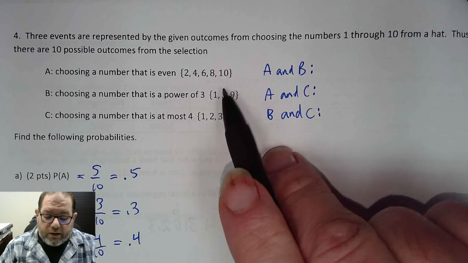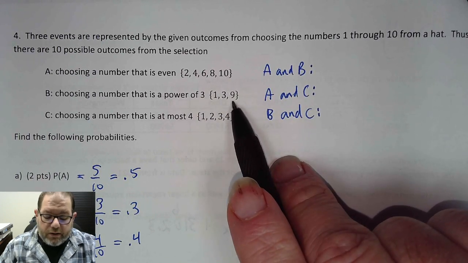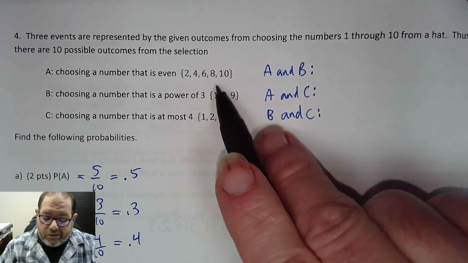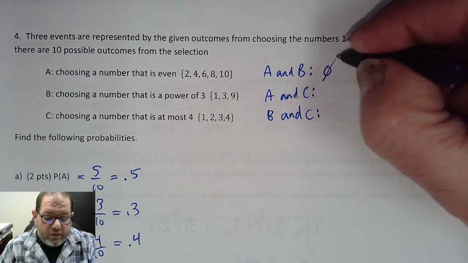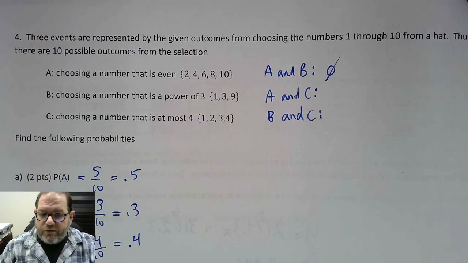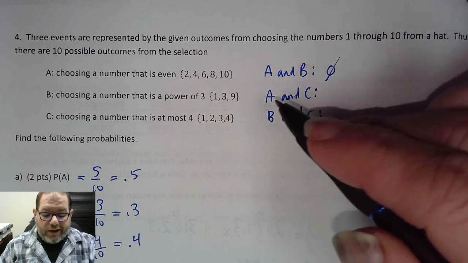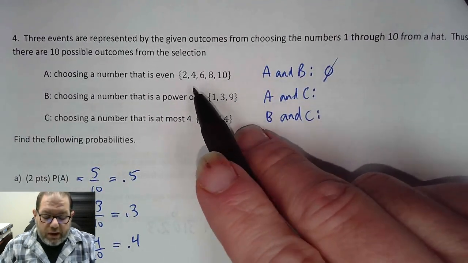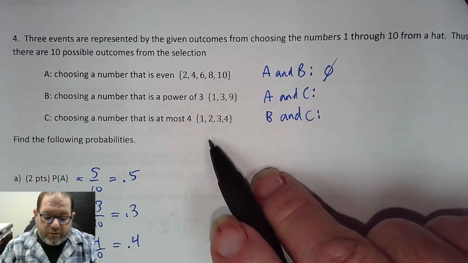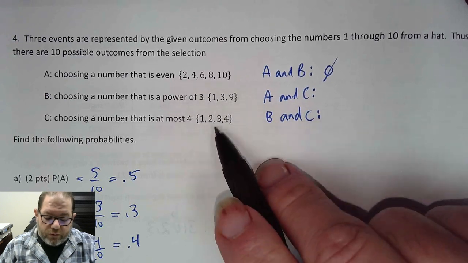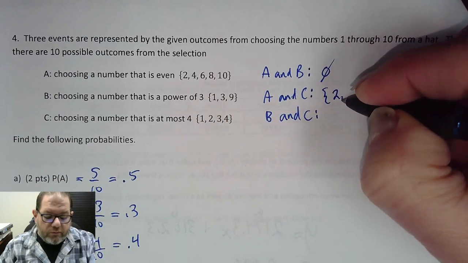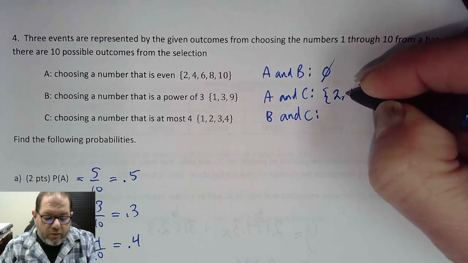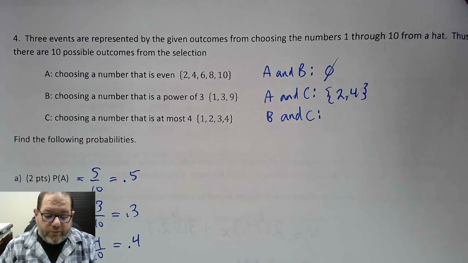Now when we say A and B, that means, okay, what numbers are in common between the outcomes in event A and the outcomes in event B? When we look at these two lists, there aren't any numbers in common. So basically there's no commonality there. A and C, A is 2, 4, 6, 8, and 10, and C is 1, 2, 3, and 4. So 2 and 4 appear on both lists.